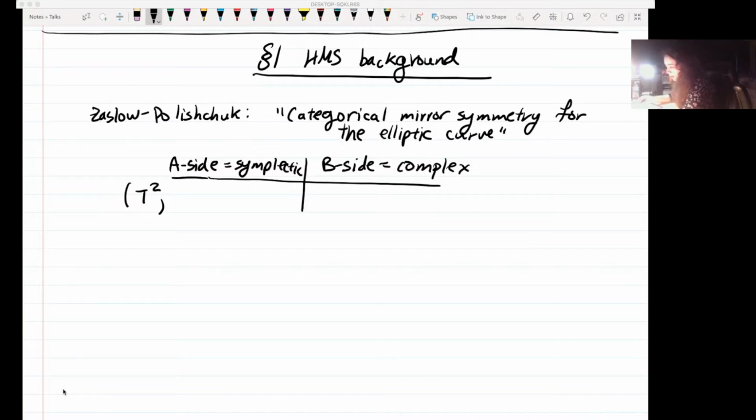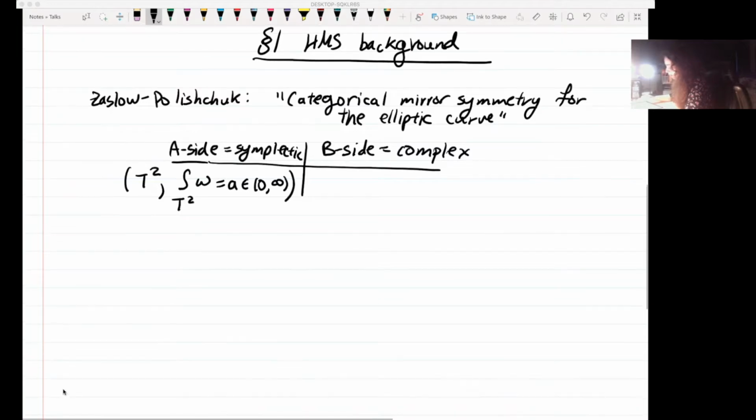On the symplectic side, in dimension 2, this is determined by the area of the symplectic form. So we start out by looking at the area as a real number, so we haven't complexified the Kähler form.